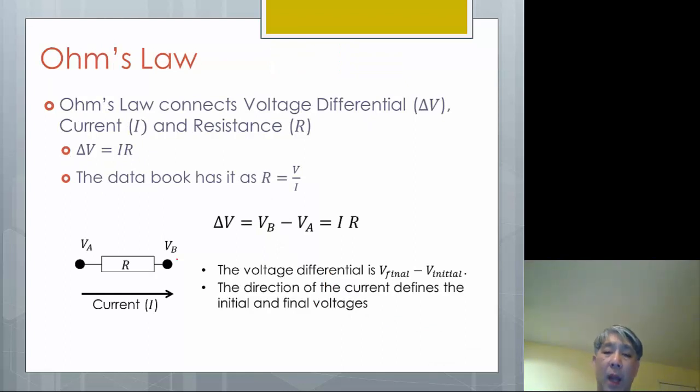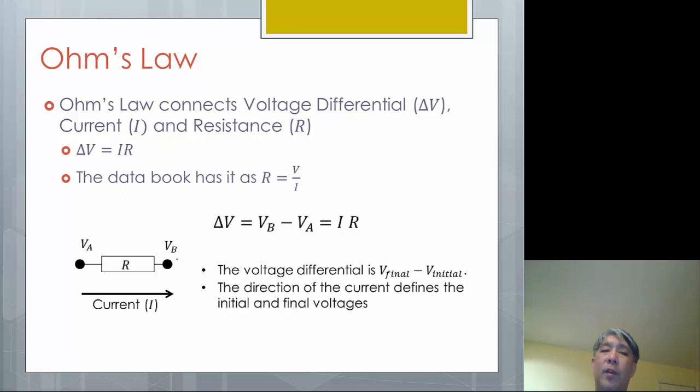Okay, and that brings us to Ohm's law. We worked a lot with Ohm's law last year, and we're going to expand on our circuit analysis tools. Ohm's law basically connects voltage differential, which is the difference in voltage from one point to another, current and resistance.